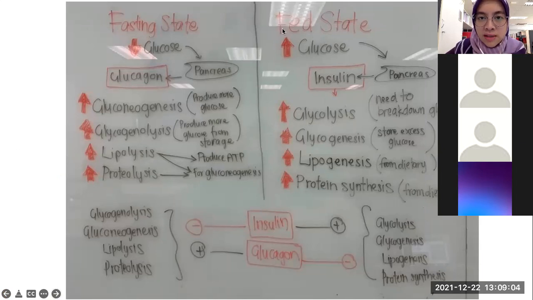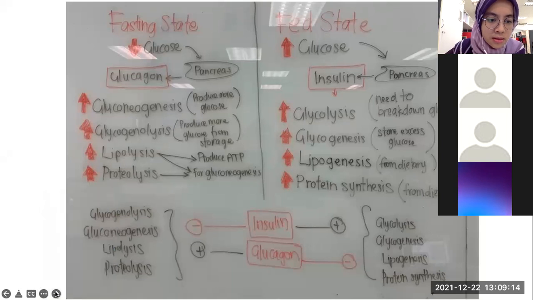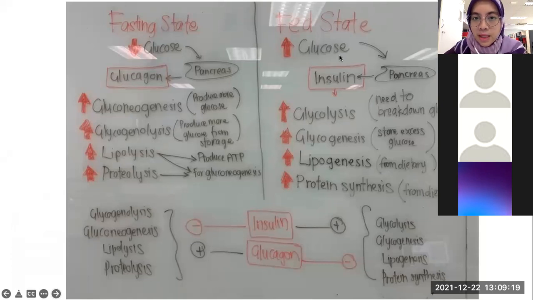So we will start first with the fed state. It is after you have taken a meal. The first thing is that the glucose concentration in your blood will increase. When it increases, the organ that detects this is the super sensitive pancreas.